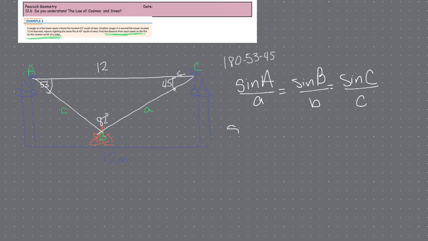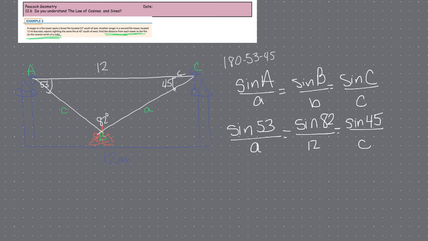Angle A is 53 degrees, so we have the sine of 53 over A, since we don't know the length of A. That is equal to the sine of B, which is 82 degrees, over the length of side B, which is 12. That is equal to the sine of C, which is 45, over side C, which we don't know.